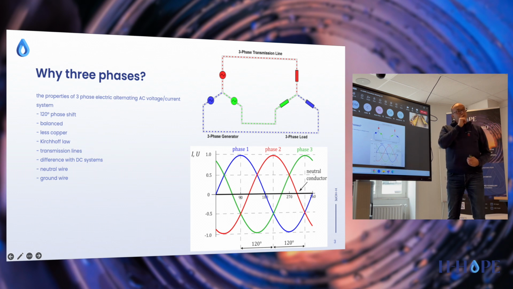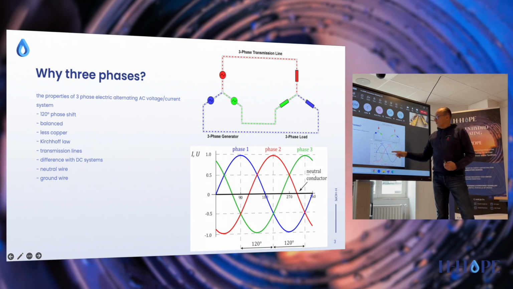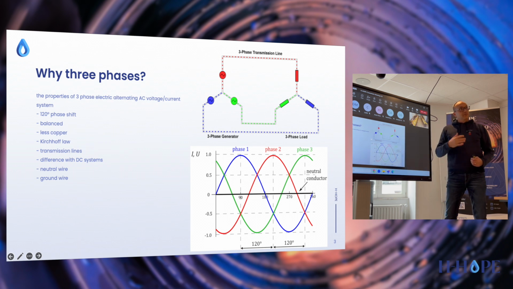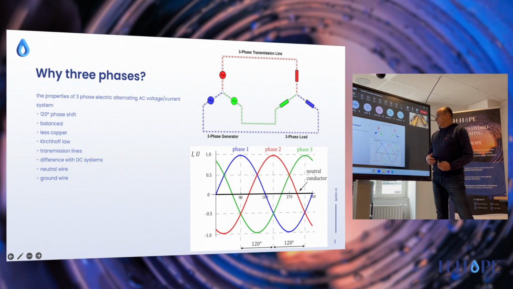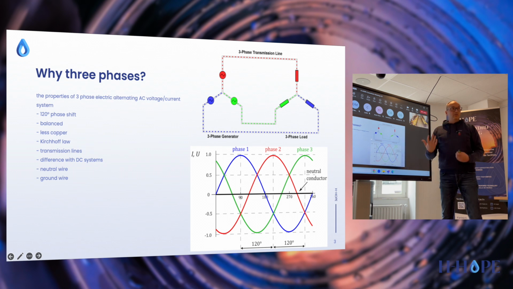And you may also see that from the phase diagram, either for voltage or current. We have again three phases. Let's start with this green one, and then the blue one follows with 120 degrees difference, and the red one in addition, so that's then 240.